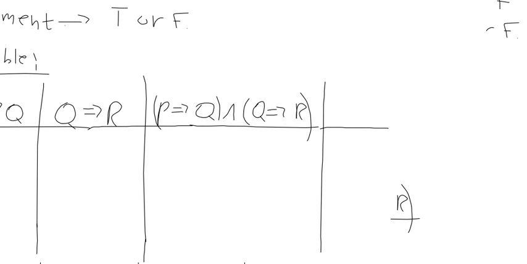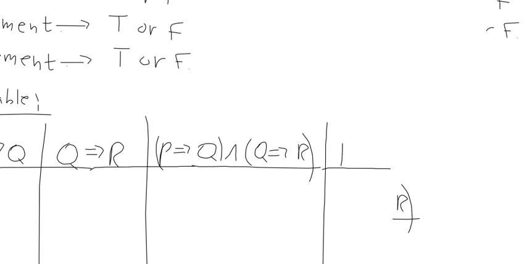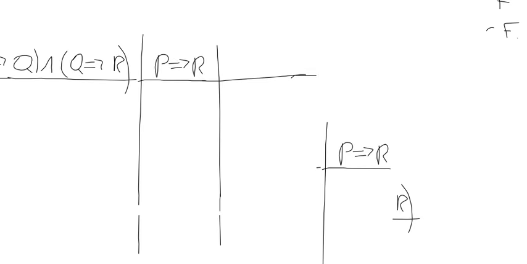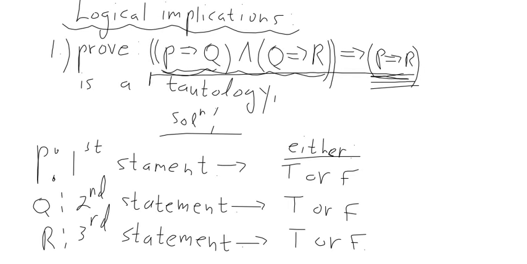And we also have to look at this guy here, P implies R. Okay, so we have P implies Q, Q implies R. And then finally, we have to have the whole expression on the last part here. The reason why we need the whole expression is to see if this is a tautology.